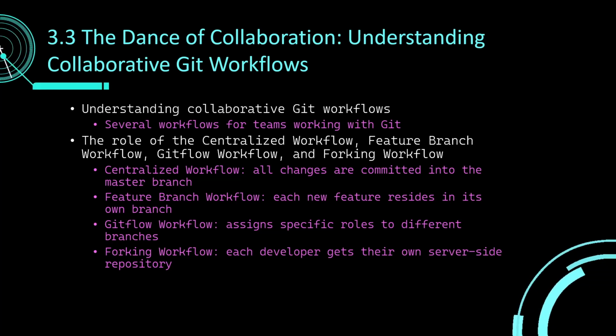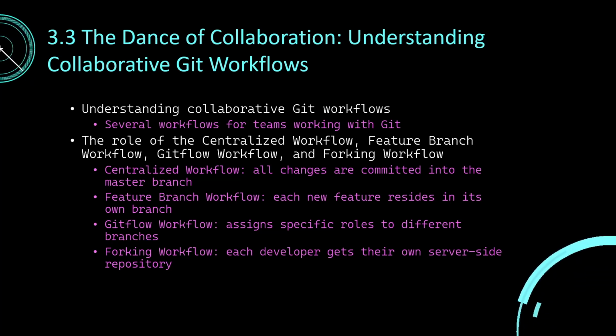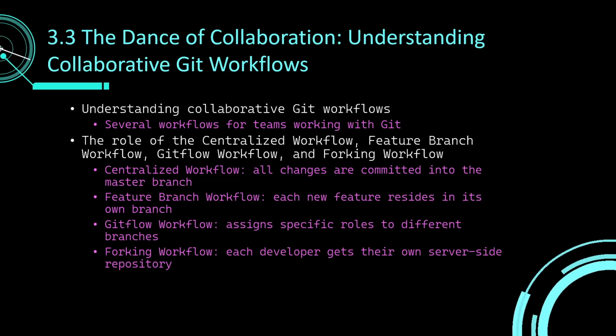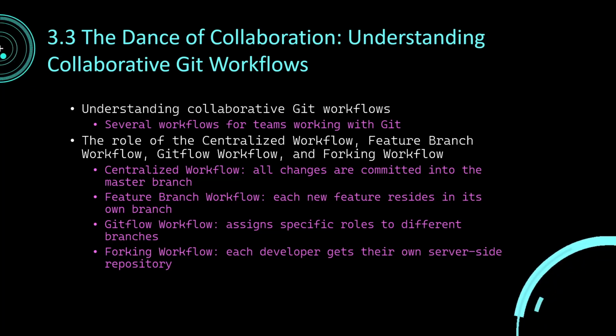Does it involve forking off and maybe developing locally and then offering pull requests back? Do you feel like you might need feature branches and bug fix branches that you merge back into the main branch? Or do you want a combination of methods? As I said, I wouldn't recommend the centralized workflow unless you're working by yourself.